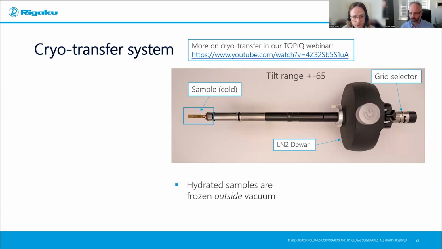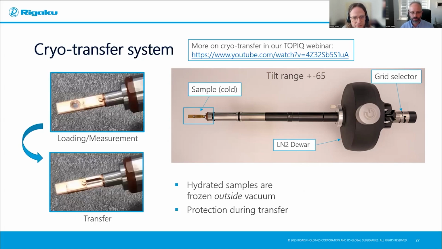The most important system for this is a cryotransfer. So here you see one of those sample transfer rods where you put the sample on the very tip here, and then you have this rod with a dewar on the back. And if you have hydrated samples, the way to protect them from vacuum is then to cool down this tip, plunge your sample into liquid nitrogen or liquid nitrogen vapor.